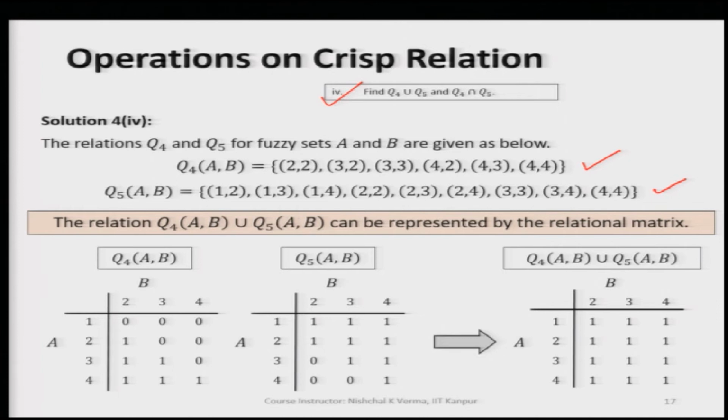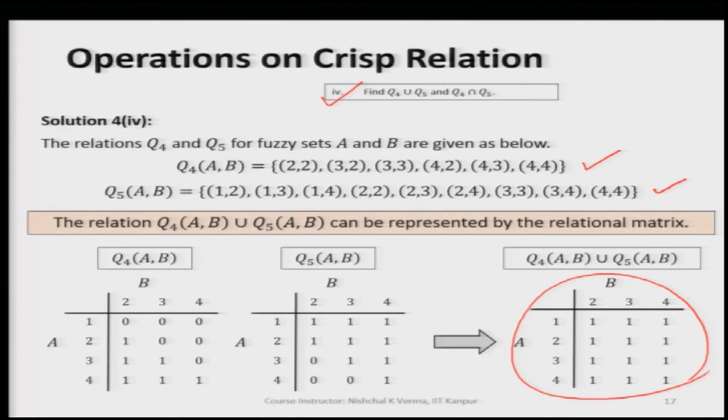Let us now find the union first. When we take the union, we have those elements which are present in the set Q4 A comma B, and again those elements which are present in Q5 A comma B. So, all those elements are being accounted, and this way all the elements are present here.